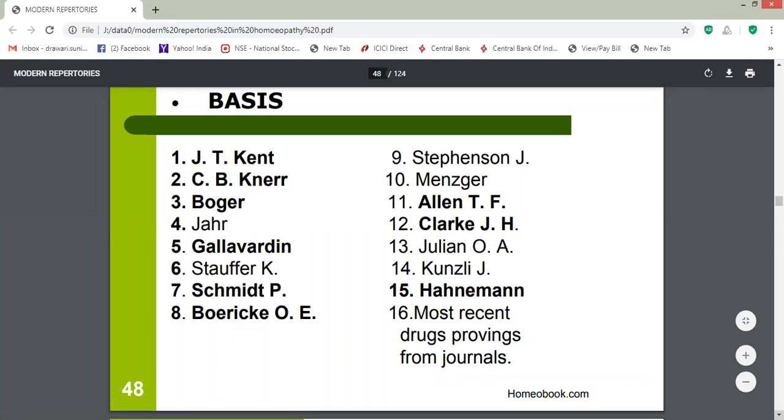They selected 16 authors for their renowned work on repertory and collected data from them.